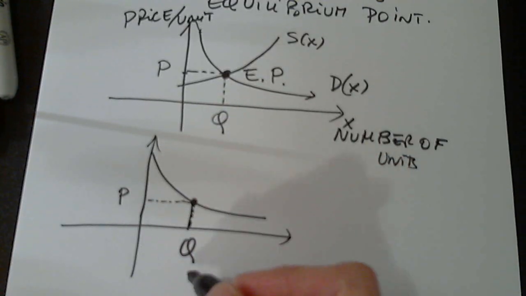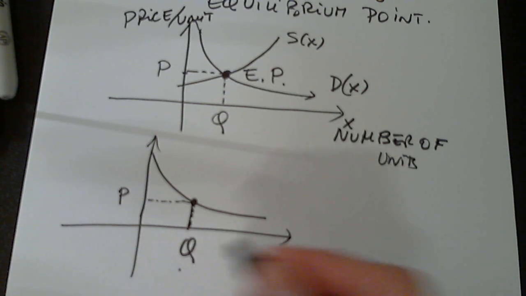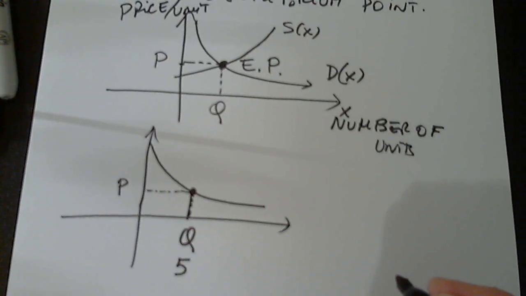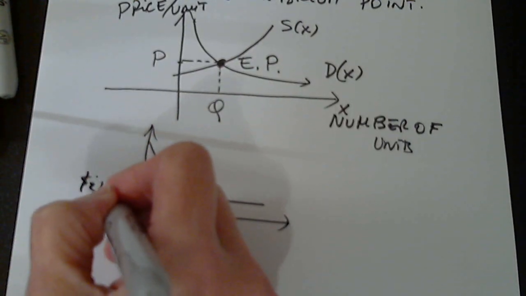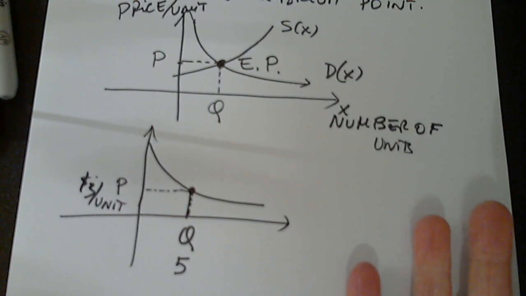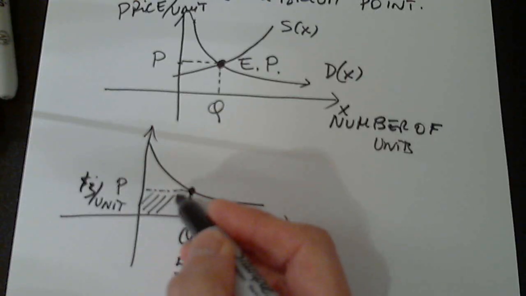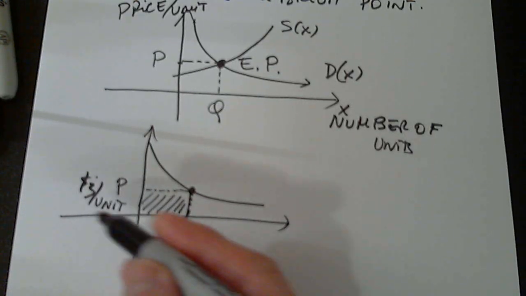Notice that if, as an example, I want to buy 5 units of something at the price of $3 per unit, how much am I going to spend? This is my expenditure. How much am I going to spend? 5 times 3.